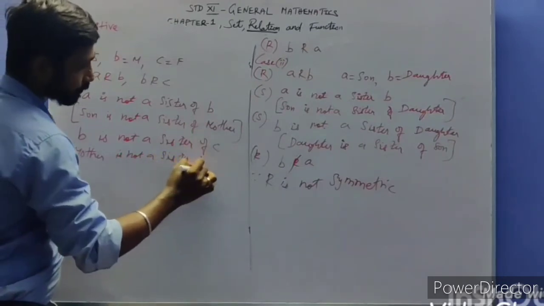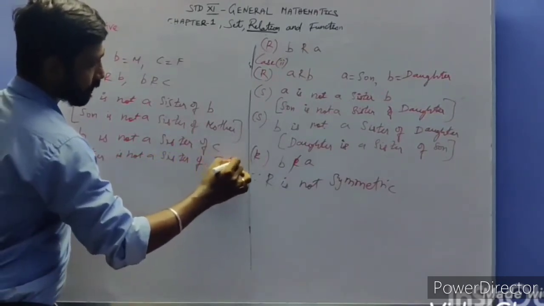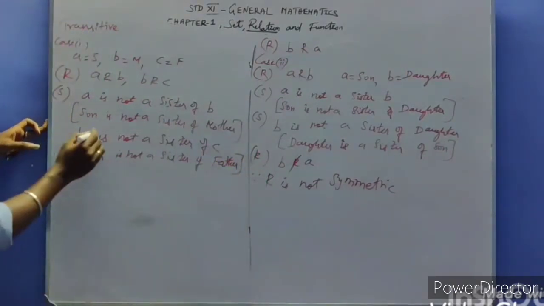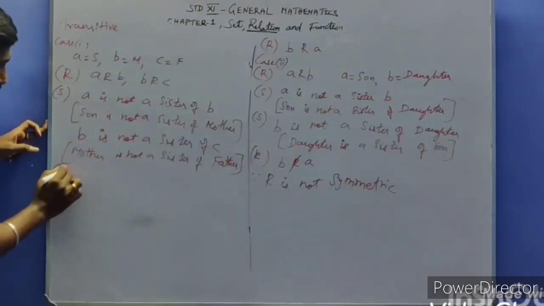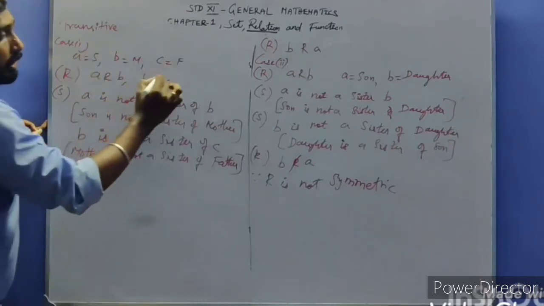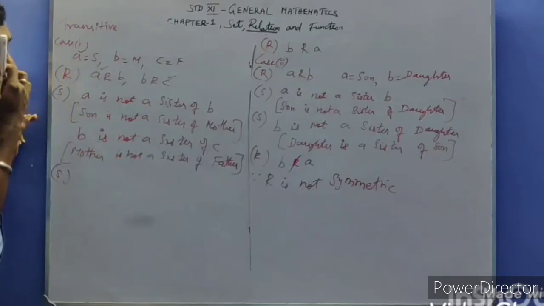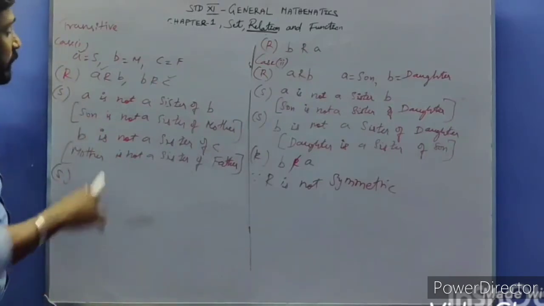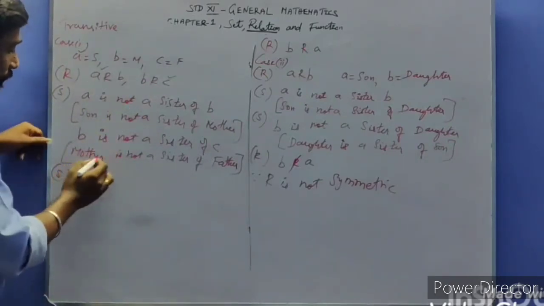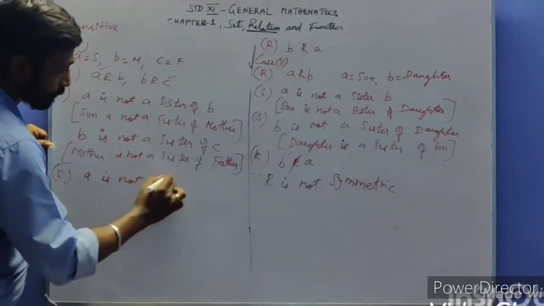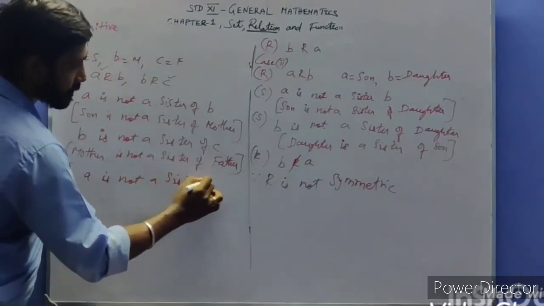Mother is not a sister of father. The next statement is first person and third person, because transitive means you have to compare the first person and the third person. Here the first person will be A, so A is not a sister of C.